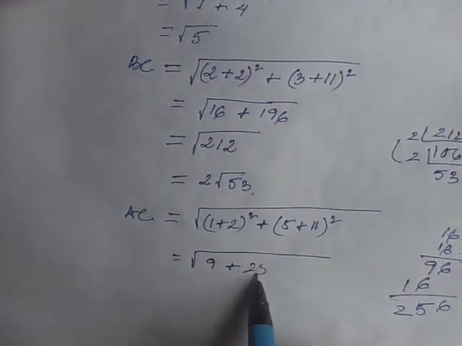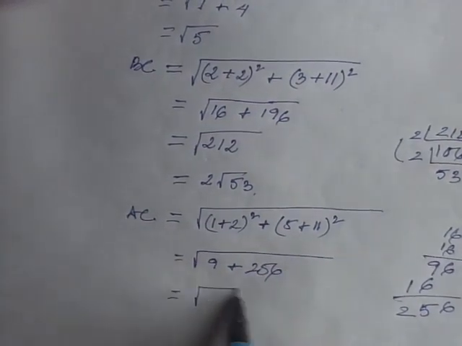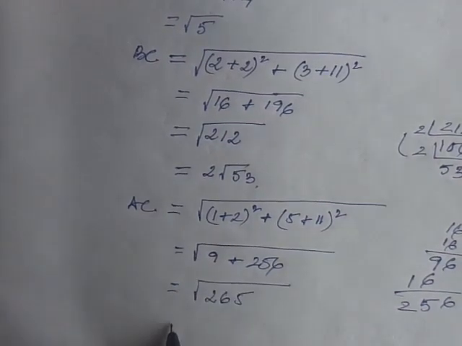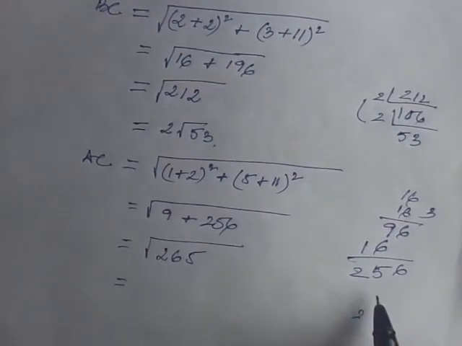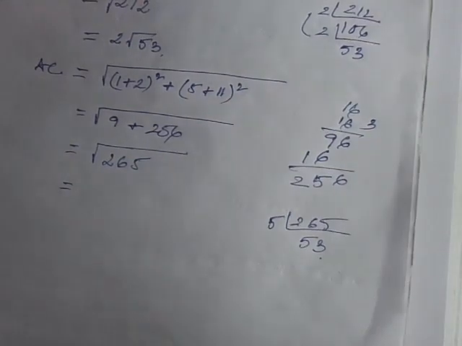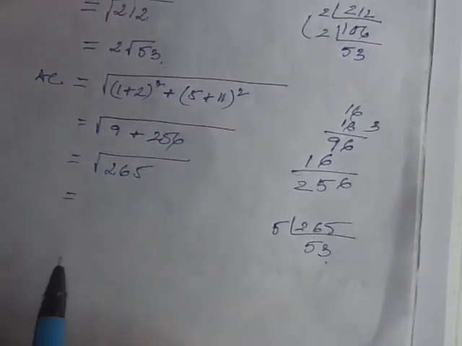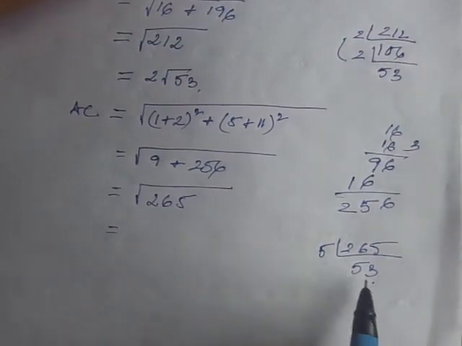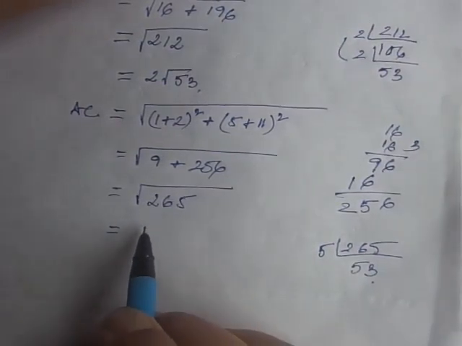So here 256 equals root, how much here? 265. So 265, if we find the square root of this, 5 fives are 25, 5 threes are 15. So that means 5 fives are 25, 3 only this, root only this.